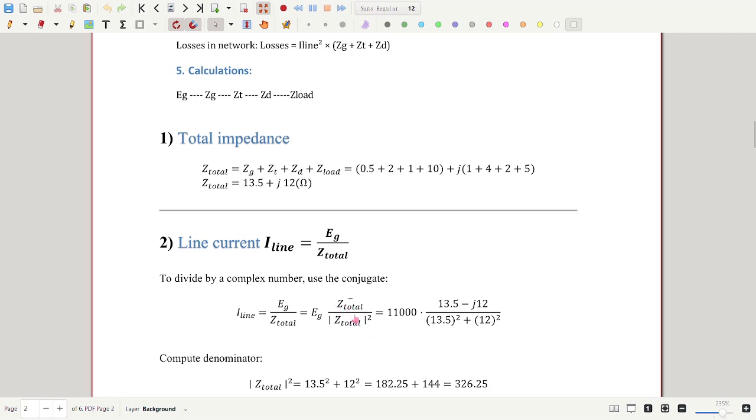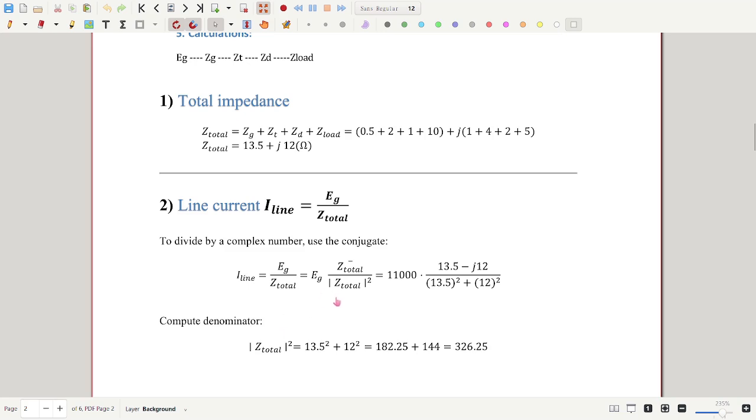The denominator is a complex number, so we rationalize it. Since Z total is in rectangular form, rationalizing gives 13.5 minus j12 divided by the magnitude of Z squared, which is 13.5 squared plus 12 squared. We do this to calculate the line current.